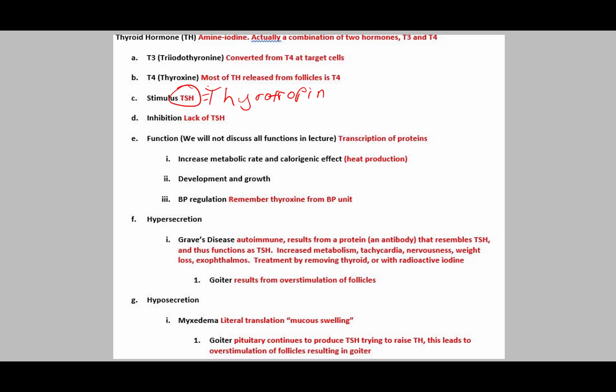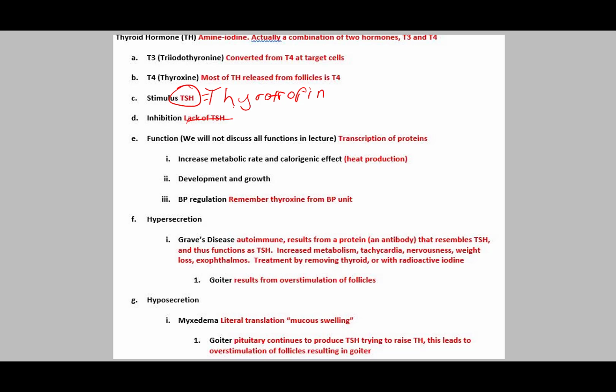So when TSH is released, it travels to the thyroid gland, and the thyroid gland responds by releasing T3 and T4 thyroid hormone. It is inhibited by, so we stop releasing it when there is a lack of TSH. When TSH levels drop, we stop releasing thyroid hormone, T3 and T4. So it's released by TSH. It stops being released by a lack of TSH.